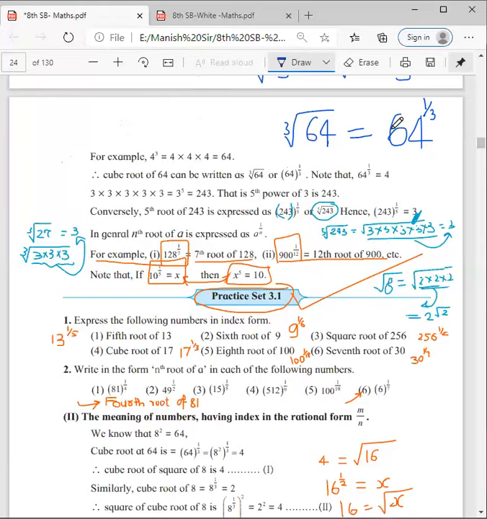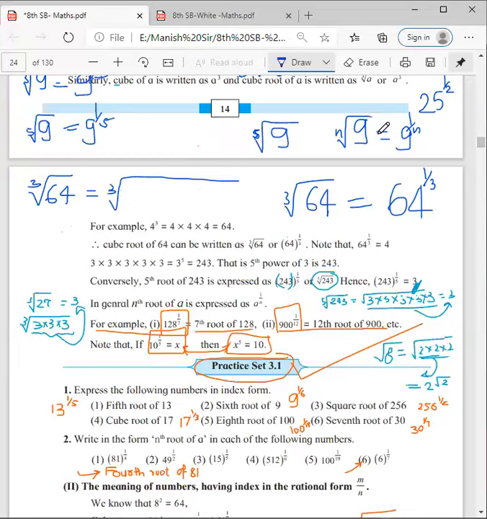Yes, sir. And at the end, whenever we want the cube root of 64, see, when we are finding a square root, what are we doing actually? Can anyone explain? If I want the square root of 9, inside the root we find the factors of 9 and write 3 into 3.